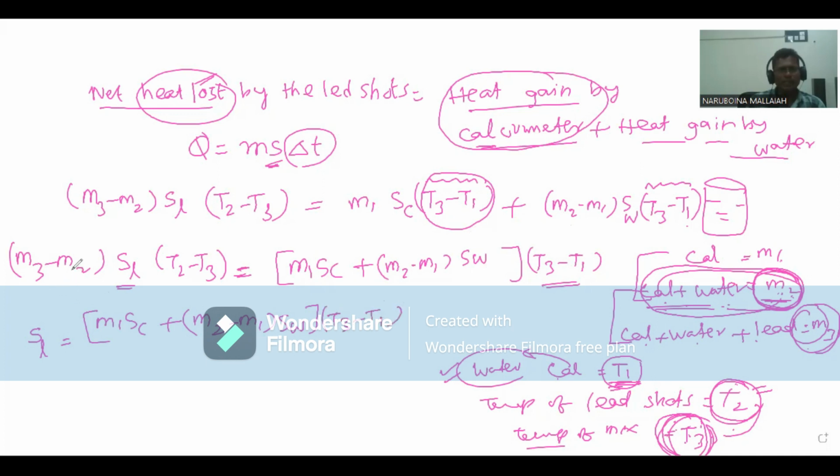Now send M3 minus M2 and T2 minus T3 to the right side of the equation. It will divide. So M3 minus M2 into T2 minus T3. Using this formula, we can find the specific heat of a substance, right? In this case, the substance is lead shards. So specific heat of lead shards can be found using this formula.